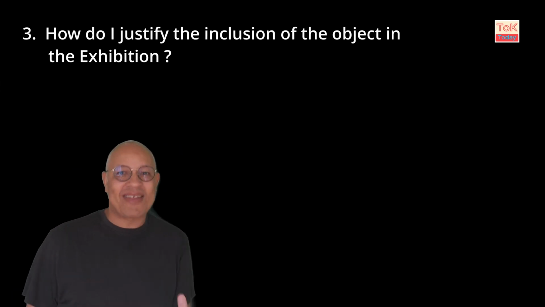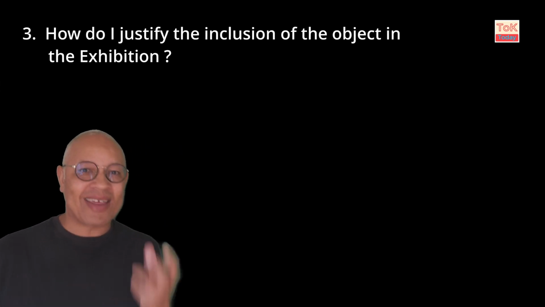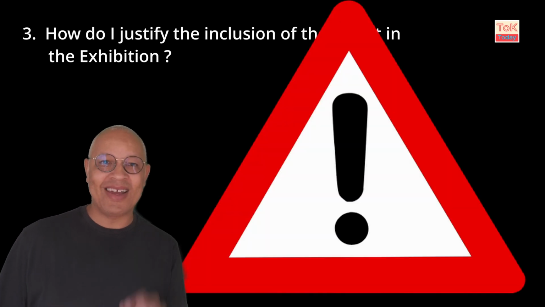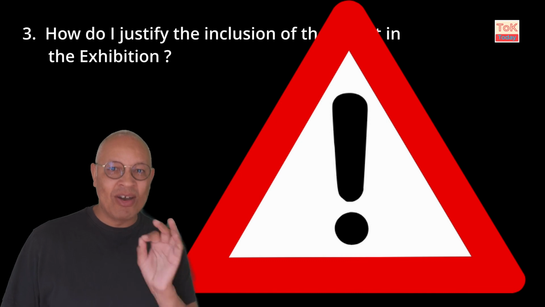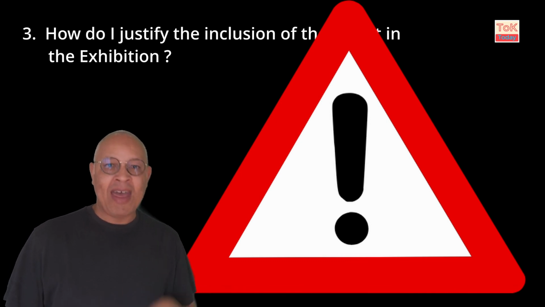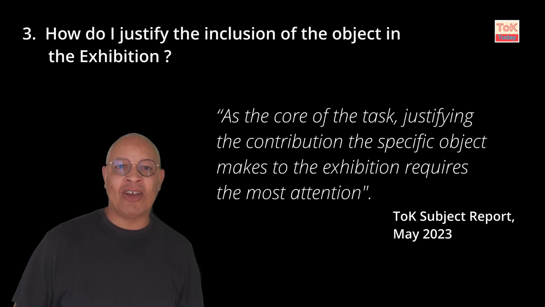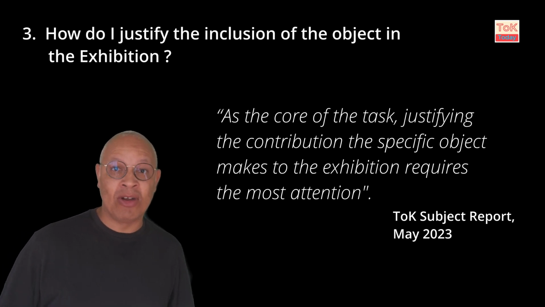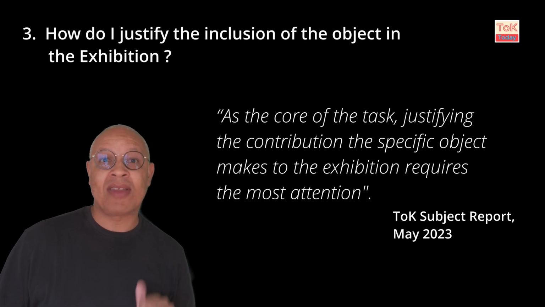How do I justify the inclusion of the object in the exhibition? The subject report makes it really clear that this is the most important part of the exhibition. The chief examiner says, as the core of the task, justifying the contribution that the specific object makes to the exhibition requires the most attention.